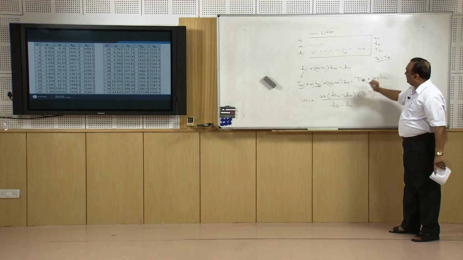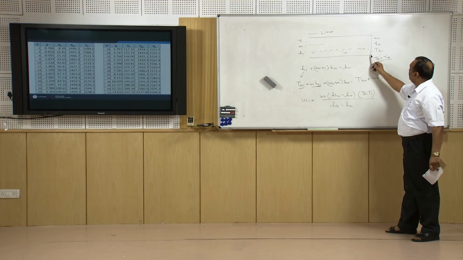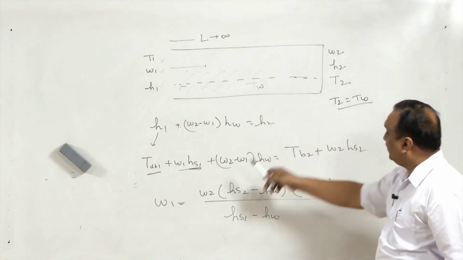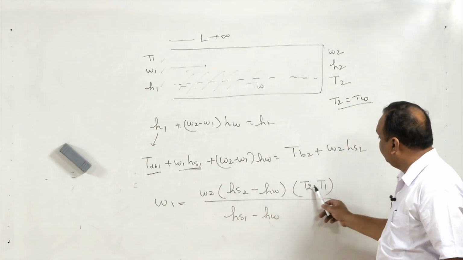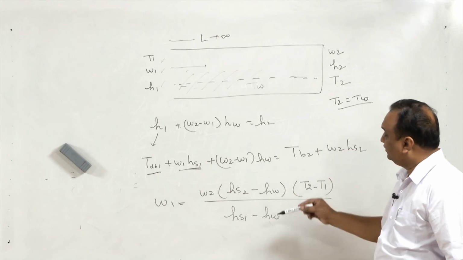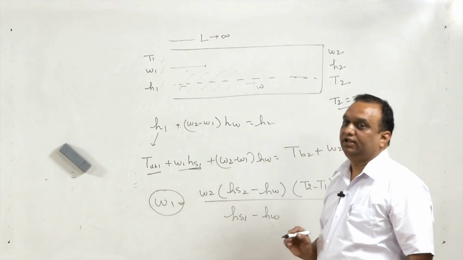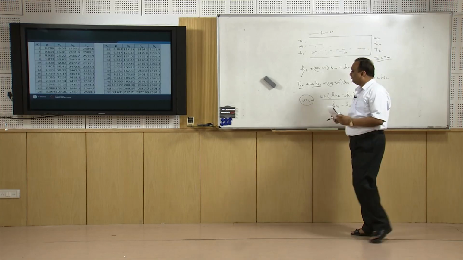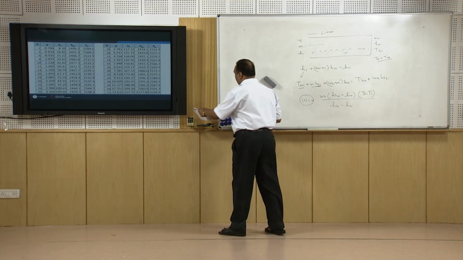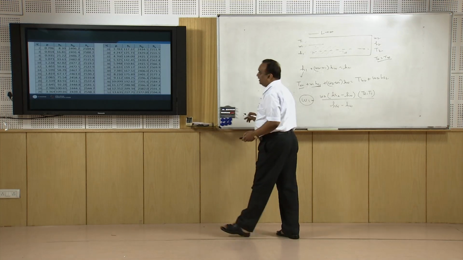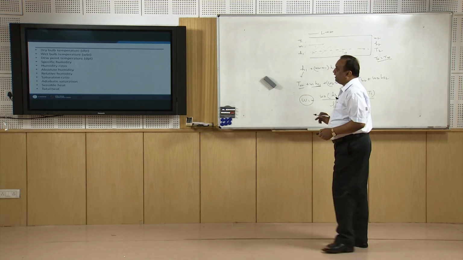Now, if there is 100% saturation, then we can definitely find the value of W2. These values are already available with us. We can find the specific humidity of incoming air. This is another method of finding out specific humidity of incoming air, and this method is known as the adiabatic saturation method.